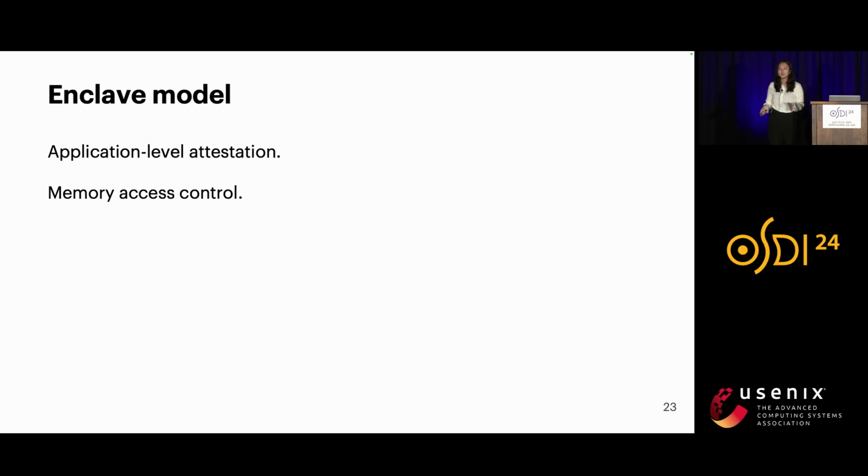The second one is memory access control, and that if you're not inside the enclave, you cannot access the enclave's memory. So usually this is done through hardware enforced access or encryption to prevent cold boot attacks. And the third one is that we assume that the attacker has page-level rollback granularity. So it can roll back memory at the granularity level of pages, but not anything more granular.